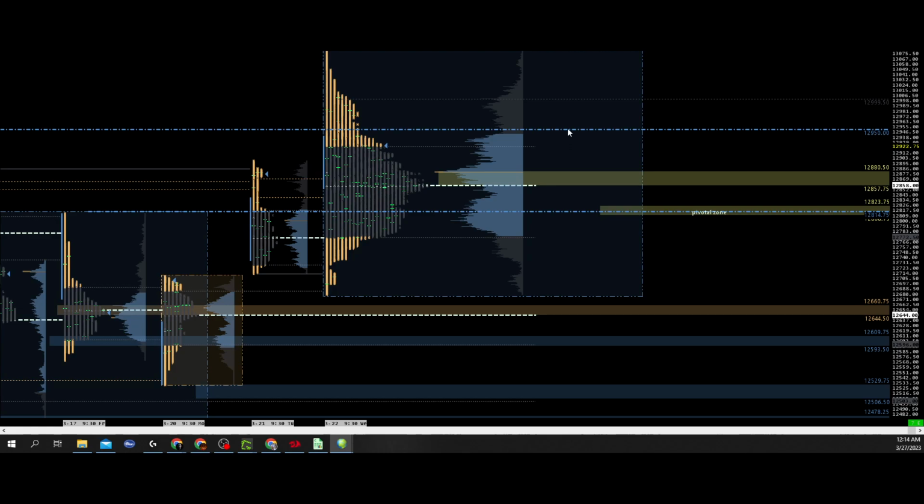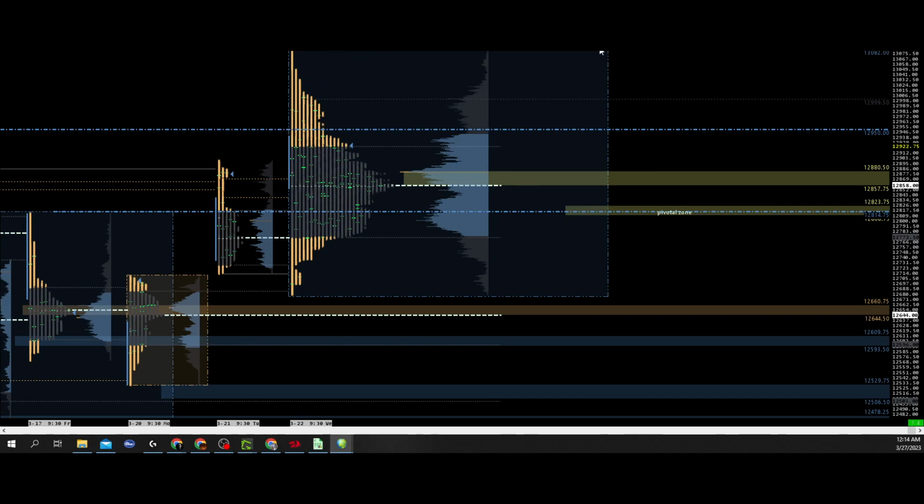If we rotate up and find buyers, then the high of that area becomes a great target to possibly hold and to look for sellers to attempt to be present enough to push for that rotation down.